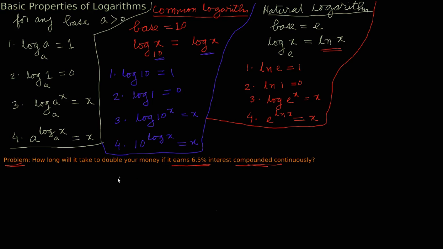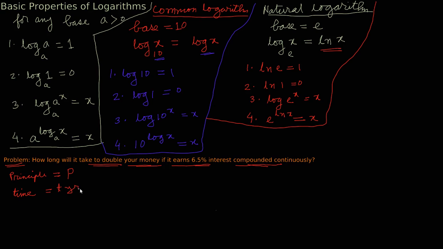In this case, double your money. We do not know how much money you put in. Let's say we put in our principal amount, let's say you put in the bank $P. If you want to receive a double amount of money after t years, time is t years, which we do not know.